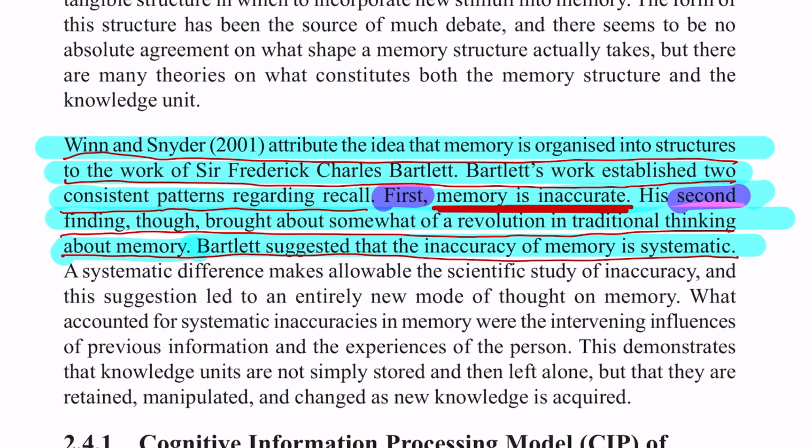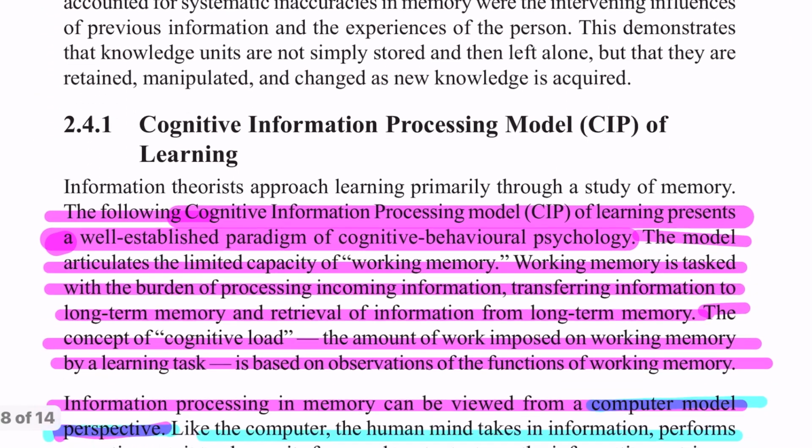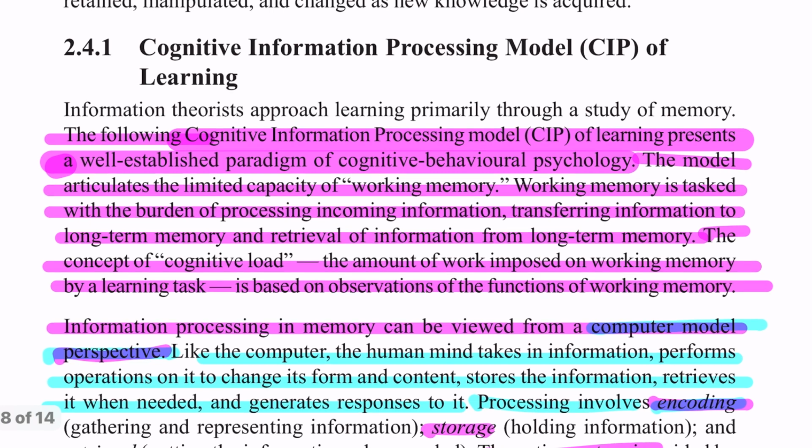So you will get 10 different accounts. Why does this happen? Because everyone is interpreting the event in a different way depending on their experiences. In this way, memory becomes inaccurate. We try to fill the gaps, whatever information we don't have. So understand that. Then the cognitive information processing, CIP, model of learning, that we will discuss now.